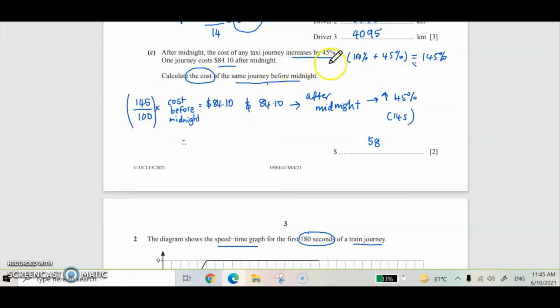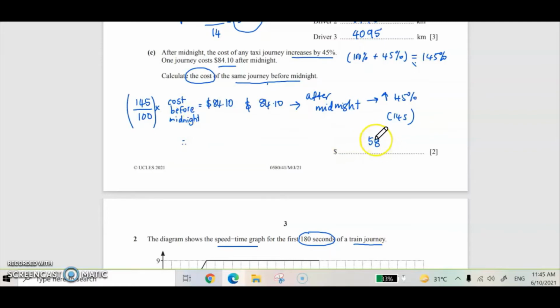Kalau increase 45%, awak tambahlah 100% tambah 45. But what if kalau dia decrease by 45%, so 100% tolak dengan 45%, which means that equal to 55%. Okay, itu kalau decrease. Okay, so we get the cost before midnight is $58.